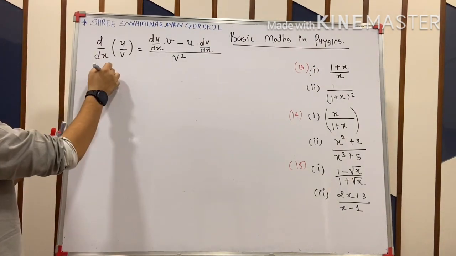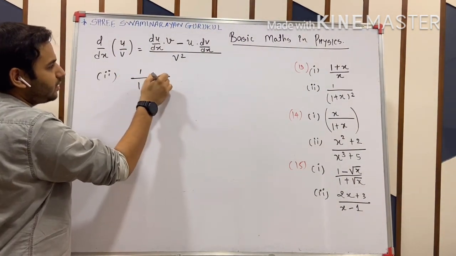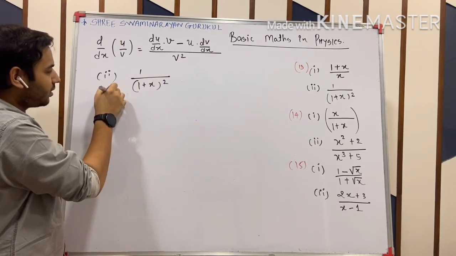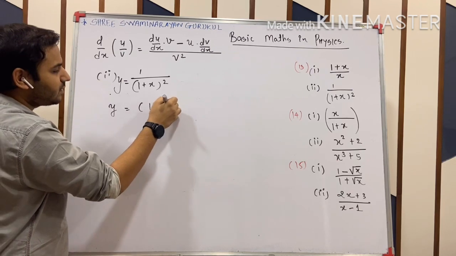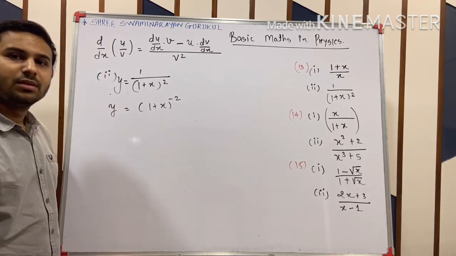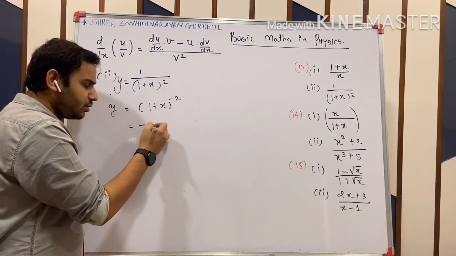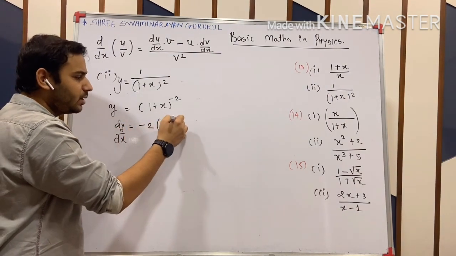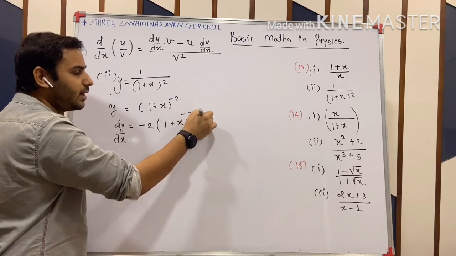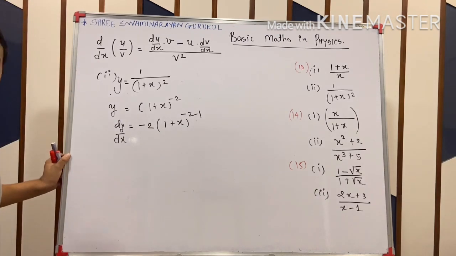So the second question, 1 upon 1 plus x whole square. This is your y. You can write y is equals to 1 plus x raised to minus 2. Solve this by the chain rule. dy by dx is minus 2 into 1 plus x raised to minus 2 minus 1. This is for the bracket. Then now jump into the bracket.